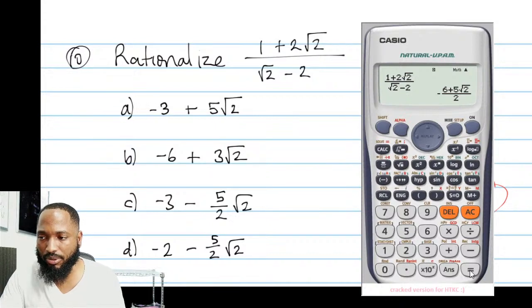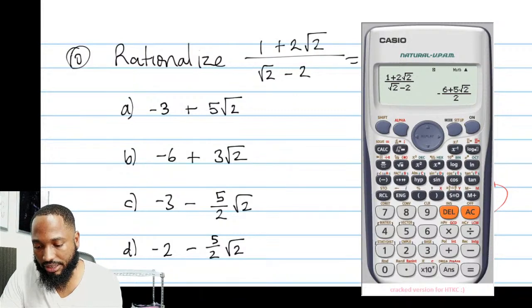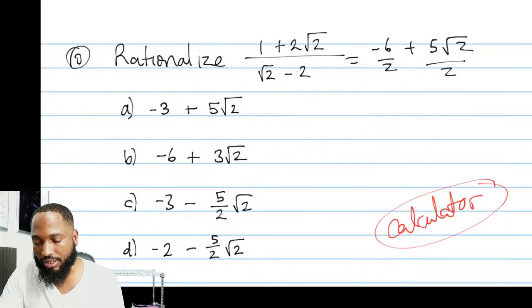I need to see what looks similar to this. C is indeed the answer because I'm getting negative 6 plus 5 square root of 2, all divided by 2. So it means that this would be divided by 2 and this will be divided by 2.